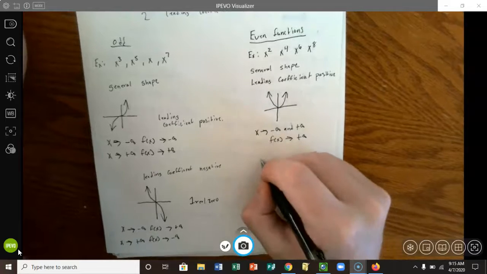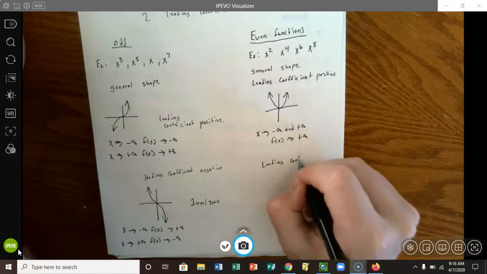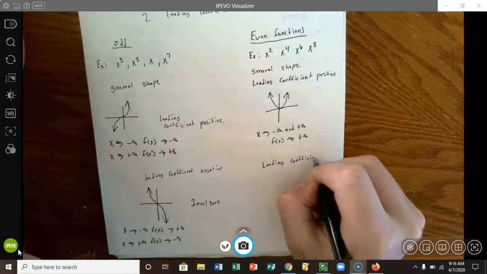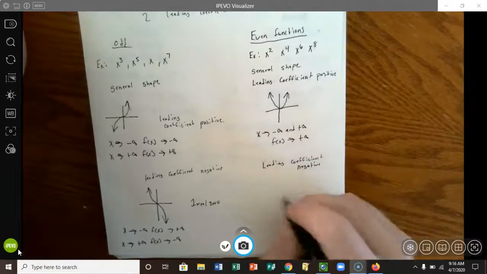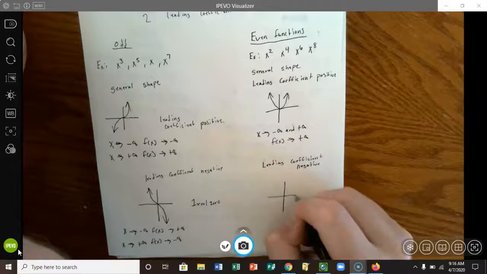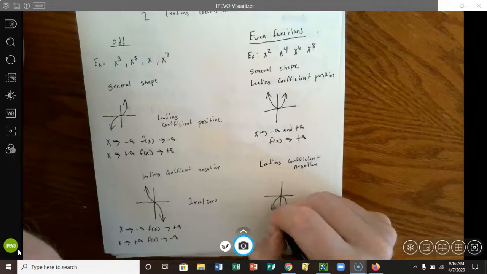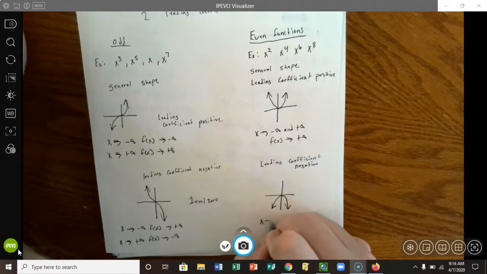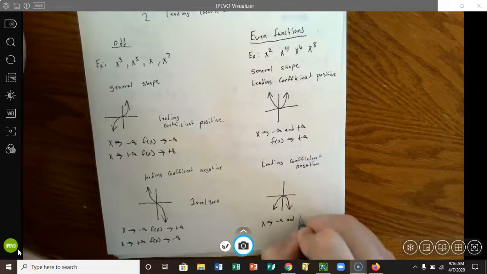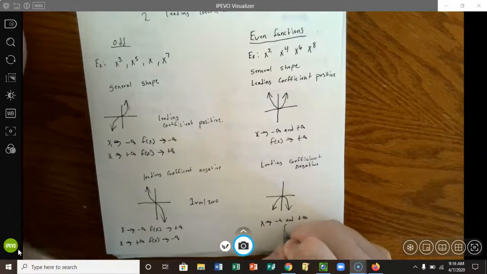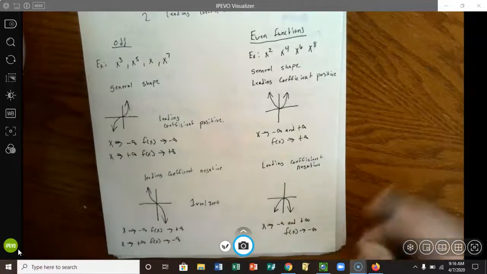Okay, if the leading coefficient is negative, your graph has this general shape, where as x goes towards negative infinity and positive infinity, f of x goes towards negative infinity.